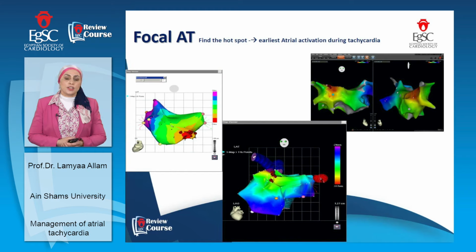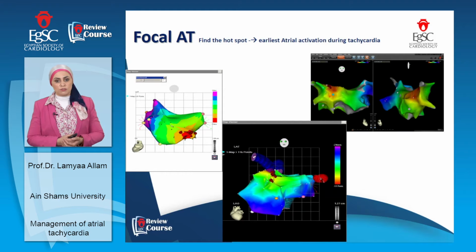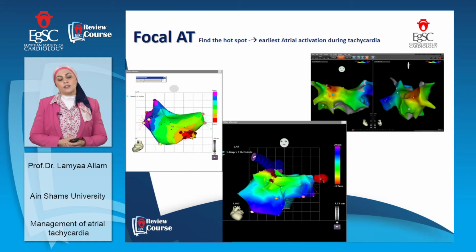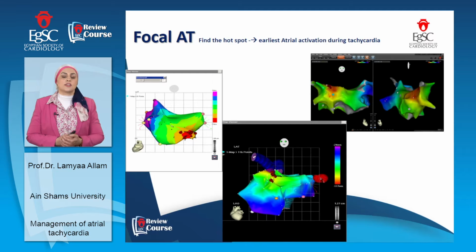Especially since the success rate for ablation of atrial tachycardia is exceeding 98% because of the advances in the techniques of ablation. This tachycardia, we can ablate either by the conventional way or by using a 3D mapping system, which raises the success rate of ablation of these arrhythmias.